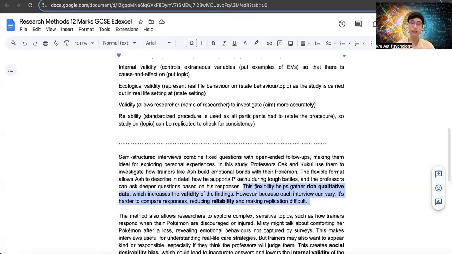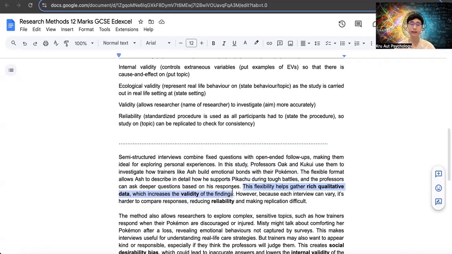But however, because each interview can vary, it's harder to compare responses, reducing reliability and making replication difficult. So we have weakness together with strength. Is that all right? It is, as long as it's clear in our answer. If we only have one, we might need to elaborate more, make it longer and clearer than just saying it increases validity and then saying even more.